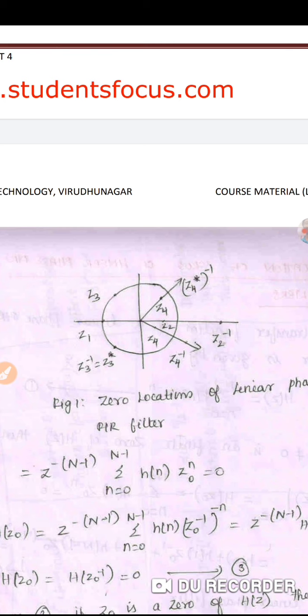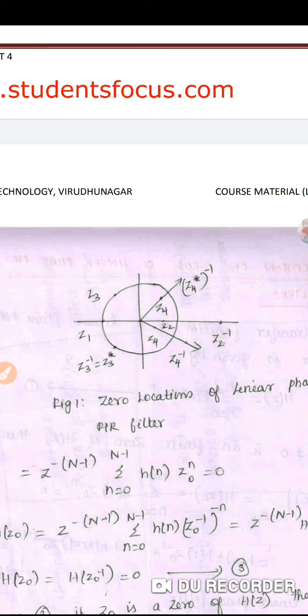Then you can see from the diagram, though they have written it wrong, for z4 you will find z4 minus 1 outside the circle, and z4 star and z4 star power minus 1 are the conjugates of z4 and z4 power minus 1.